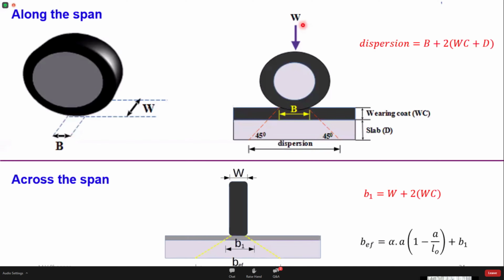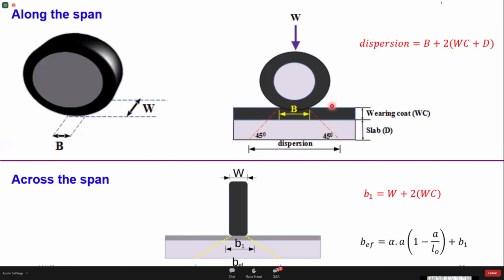Now the load is placed on the deck slab, and the axle load is, let's say, W. So the load is going to disperse through the wearing coat and through the structural slab. We can assume a dispersion of 45 degrees, and from that angle it is possible to calculate the length of the dispersion along the span.